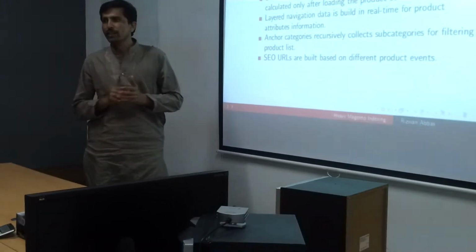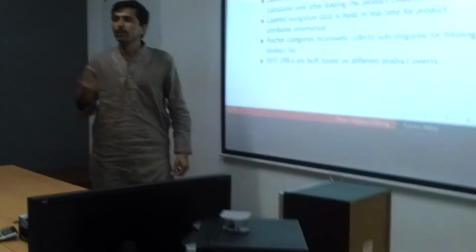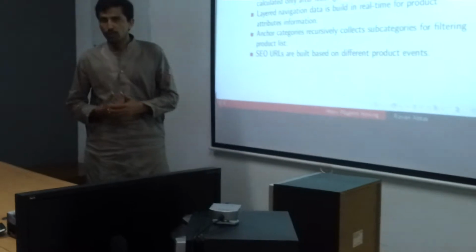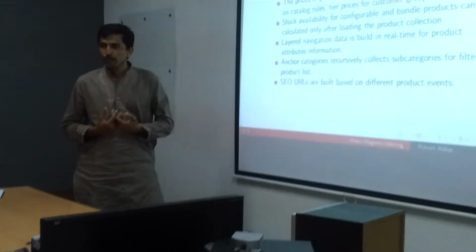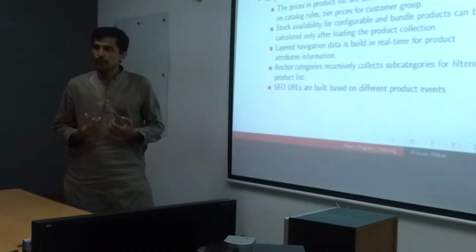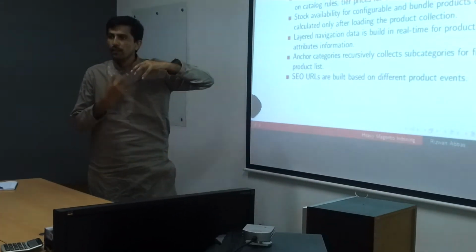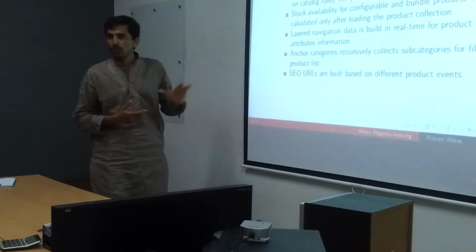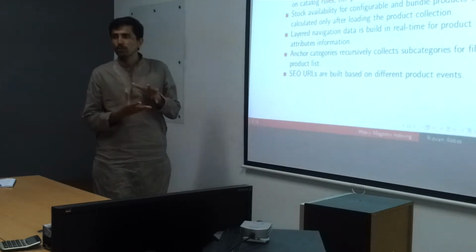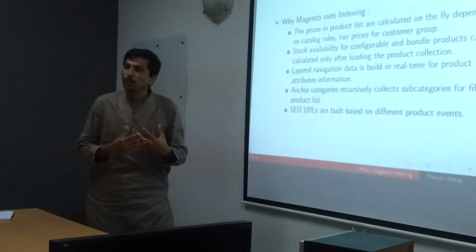In EAV, it stores each attribute in a separate table. So at runtime, while we are on the front end of the Magento store, retrieving each attribute and combining them as a single data set is a very resource consuming process. So it slows down the Magento pages, slows down the catalog pages. So this is the basic problem.